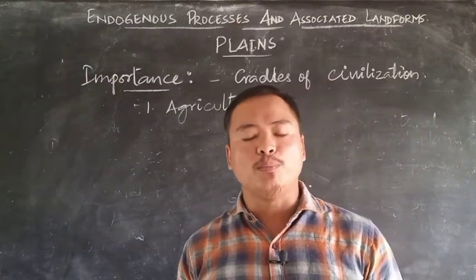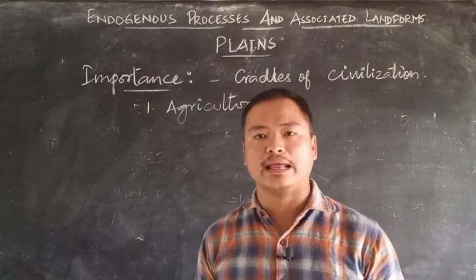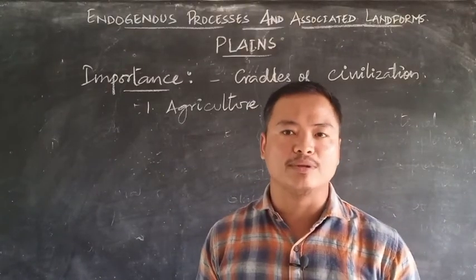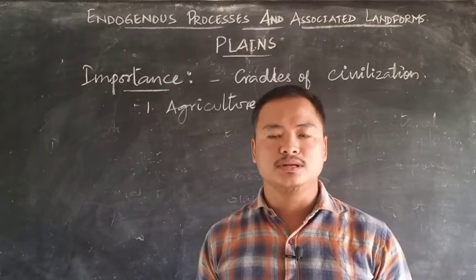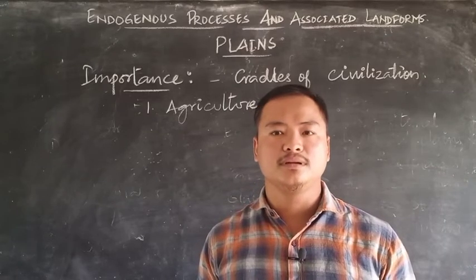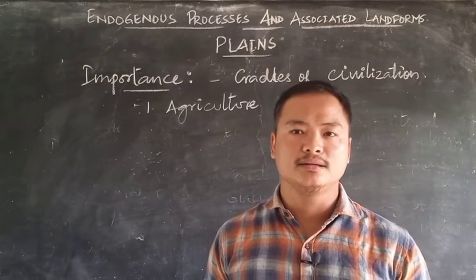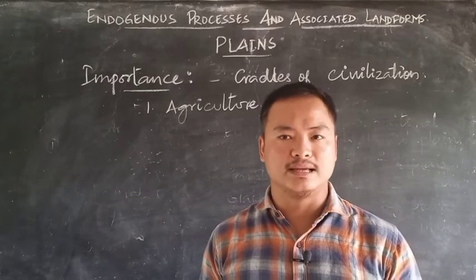And the world population itself, more than 60% of them are dependent on agricultural activities or primary activities. And that is where plains allow the benefit of doing primary activities, and one of them is agriculture.